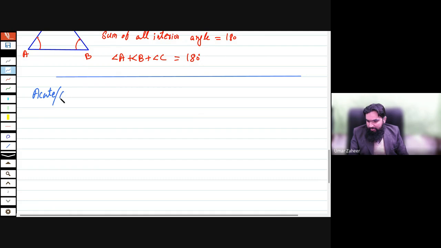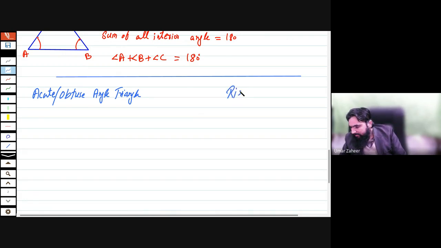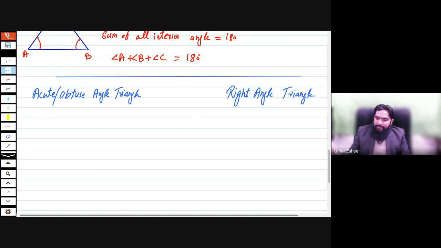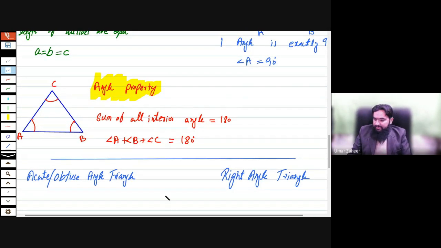First, acute or obtuse angle triangle, on the basis of angles. And the second is the right angle triangle. We have discussed the obtuse angle triangle, the acute angle triangle, and the right angle triangle.